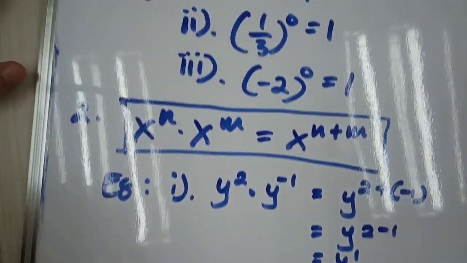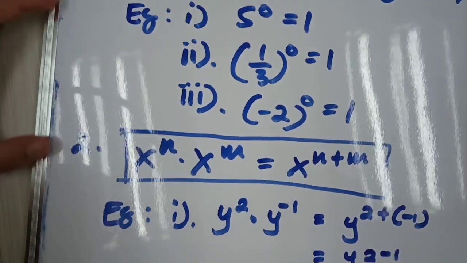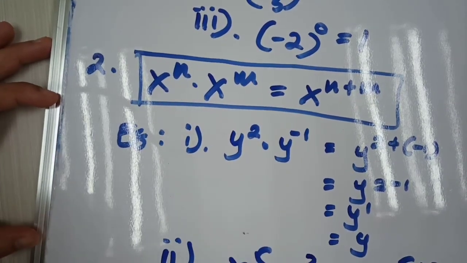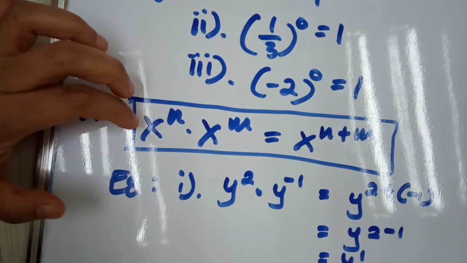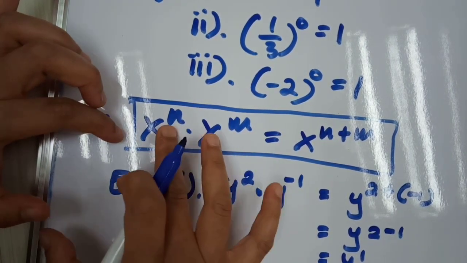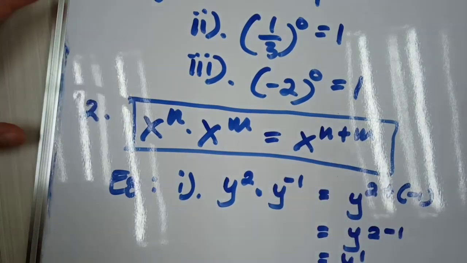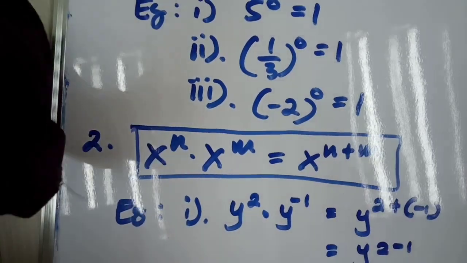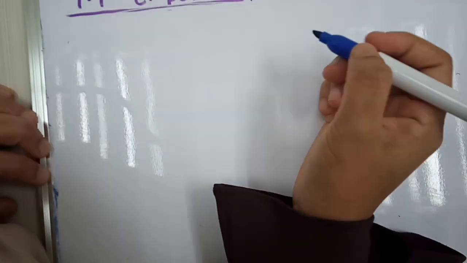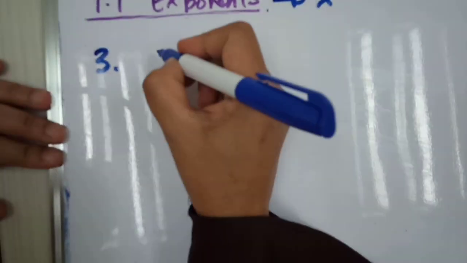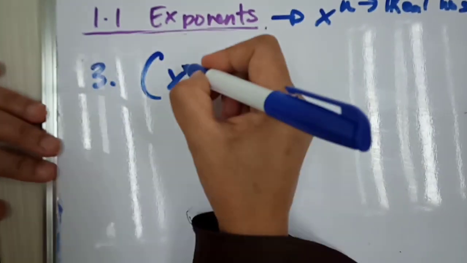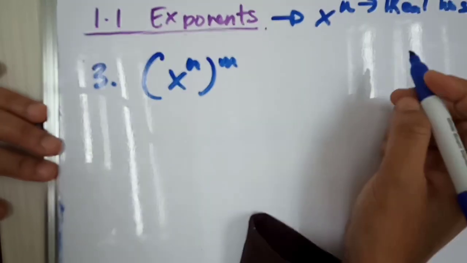Now we already learned 2 laws of exponents. When x power of 0 gives 1, and when we multiply the same base x, the powers add. Next, law number 3: x power of n, with m outside.